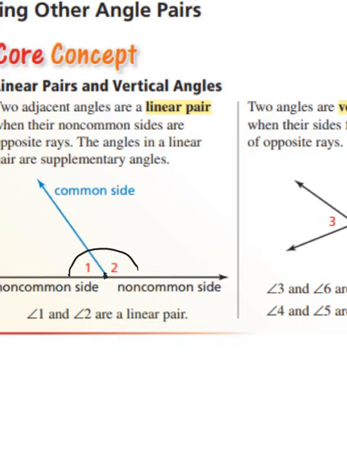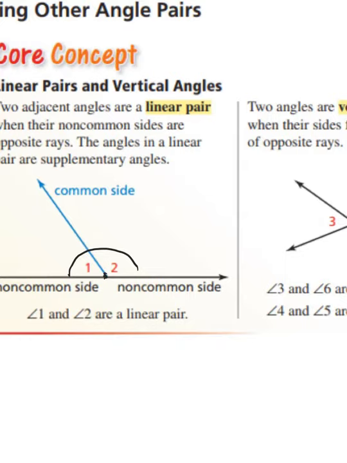The other word that you'll see me use quite frequently from here on out throughout the rest of the entire year are vertical angles. Two angles are vertical angles when their sides form two pairs of opposite rays. Vertical angles are extremely important in geometry, so you need to recognize them. I think of vertical angles as angles that are across from each other.